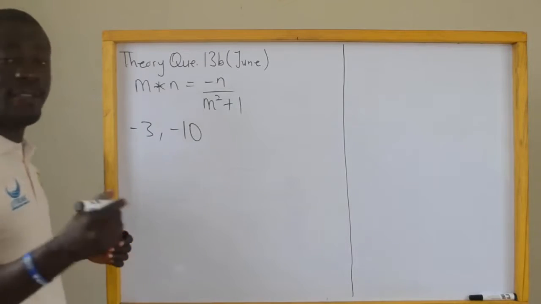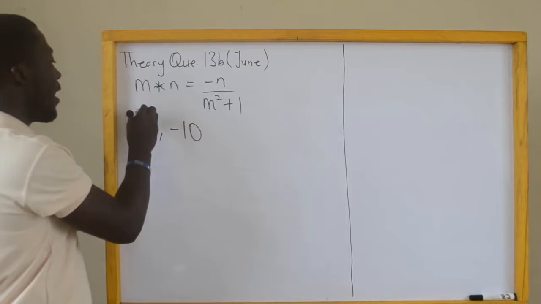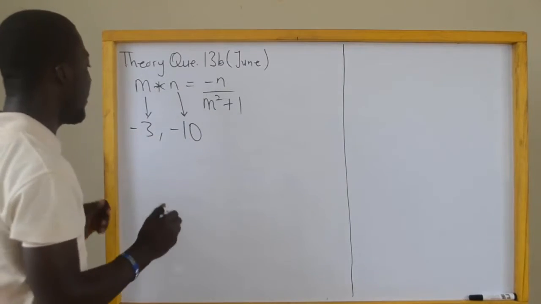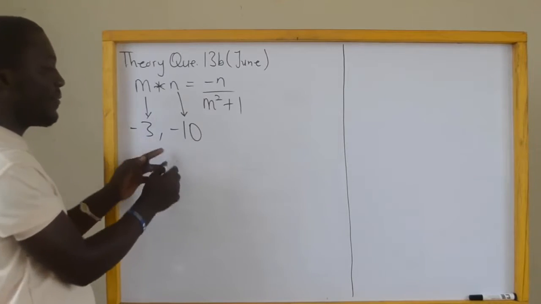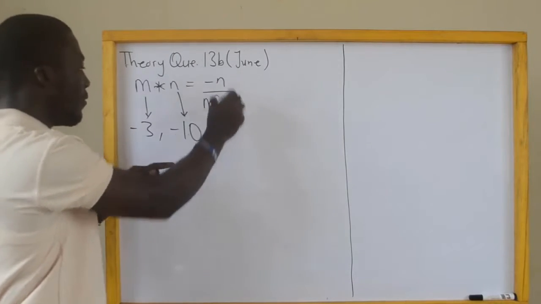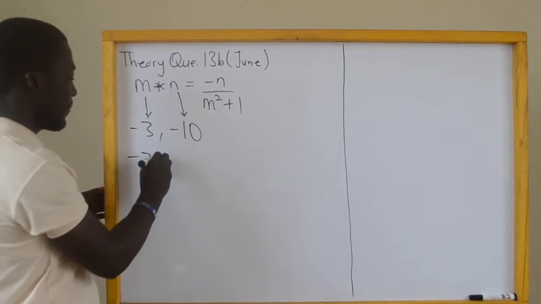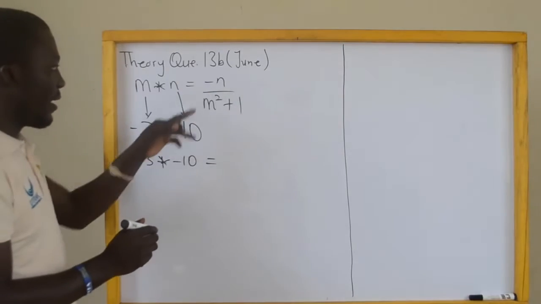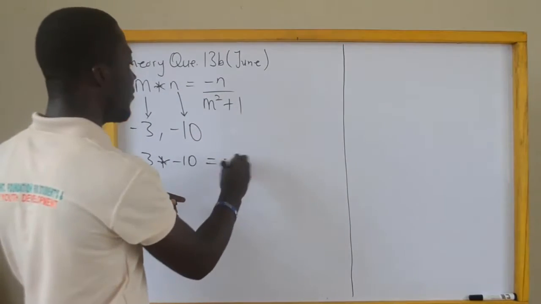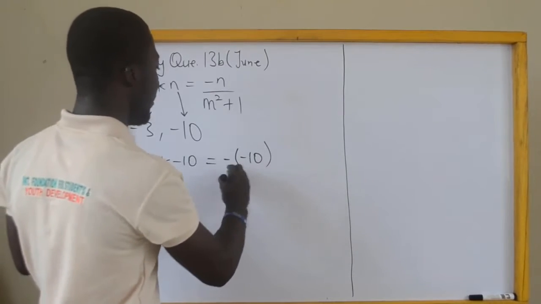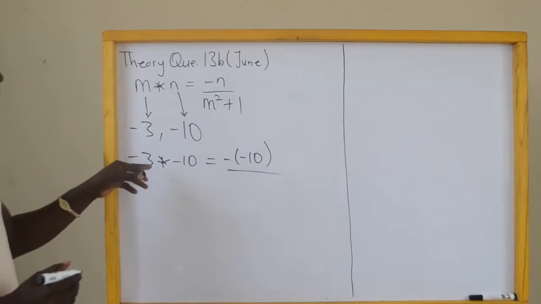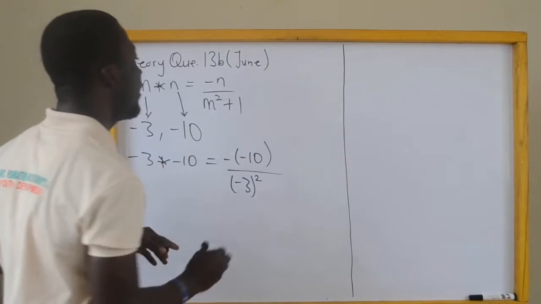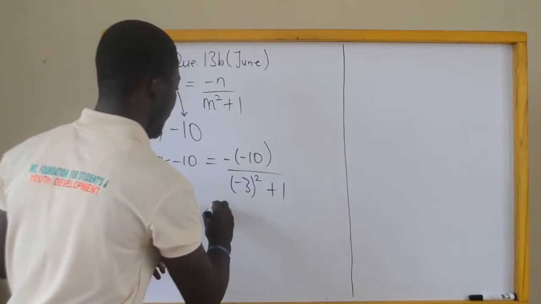For the first thing, our m will represent negative 3 and our n will represent negative 10. So rewriting, negative 3 star negative 10 is equal to negative 10, since n represents negative 10, divided by negative 3 squared plus 1.